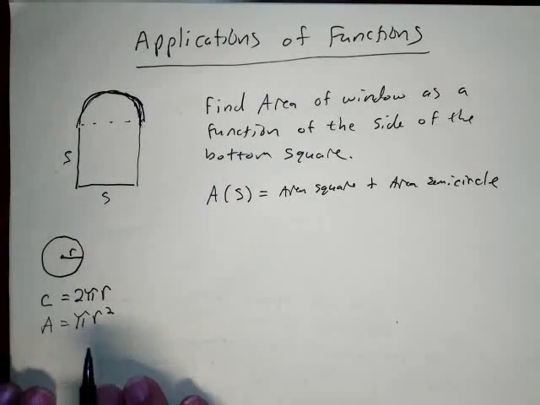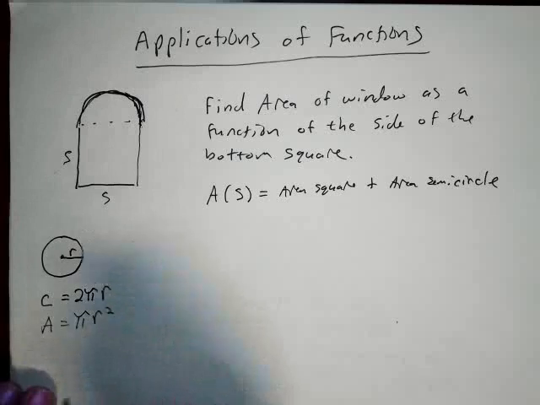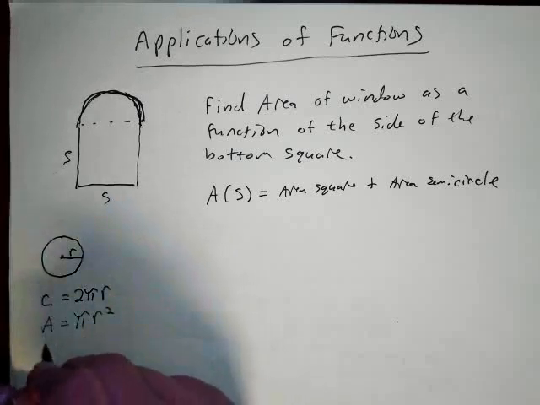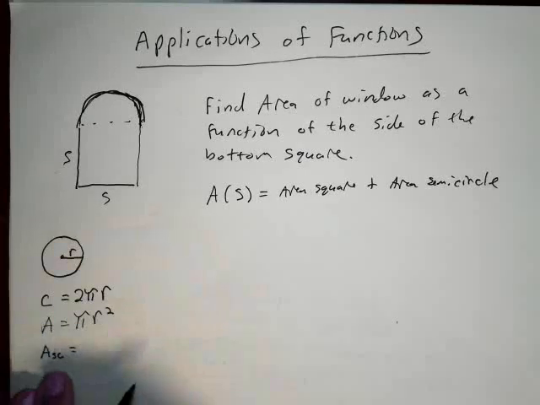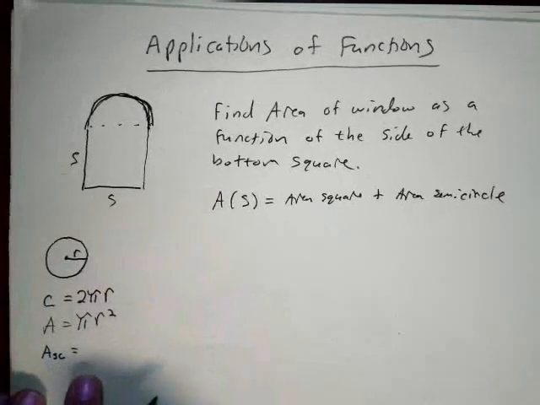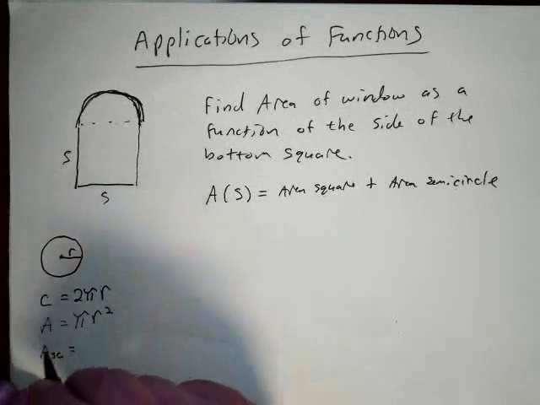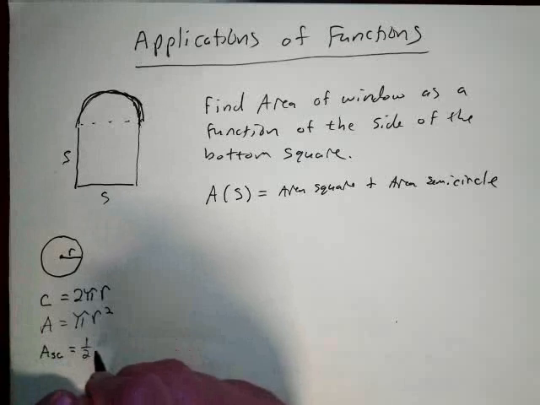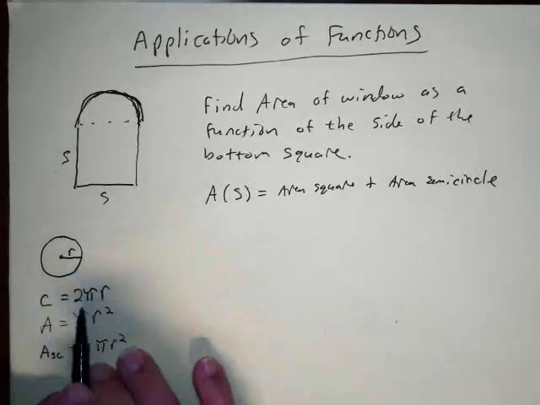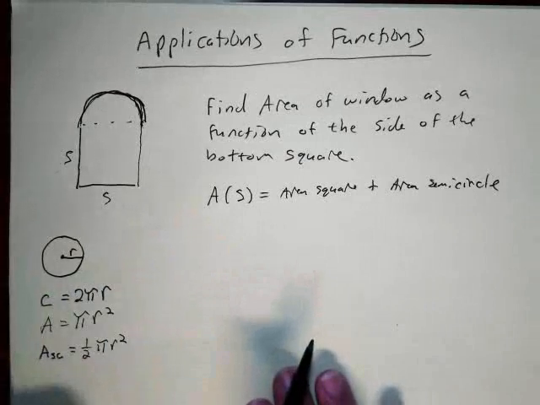And I'll use ASC for the area of a semicircle, SC for semicircle, which is 1/2 pi r squared. It's just half of the area of the circle.